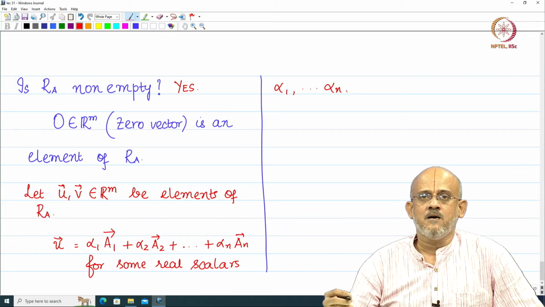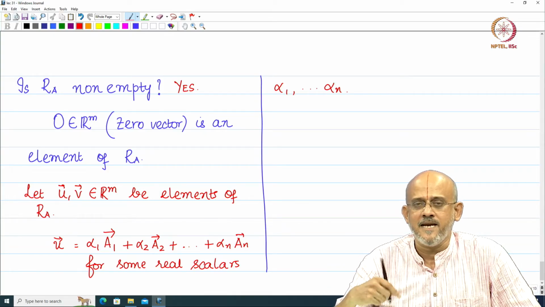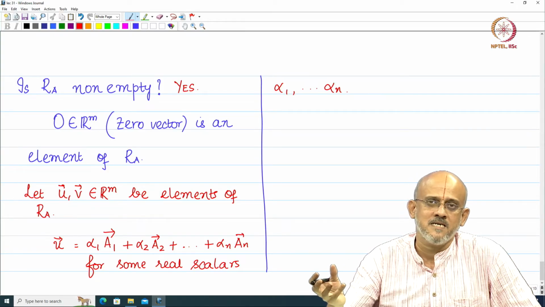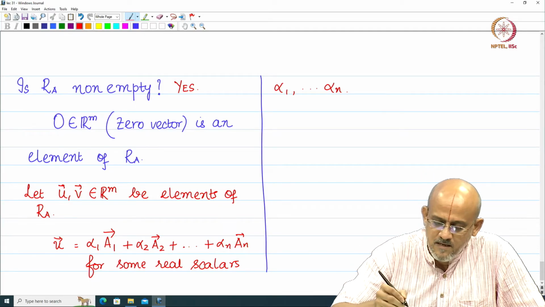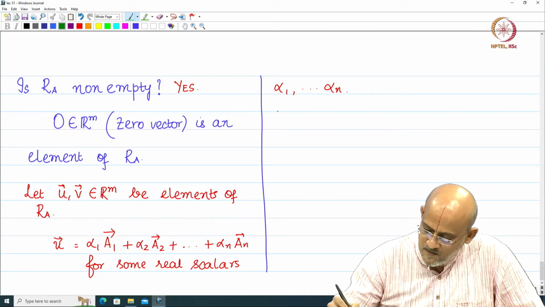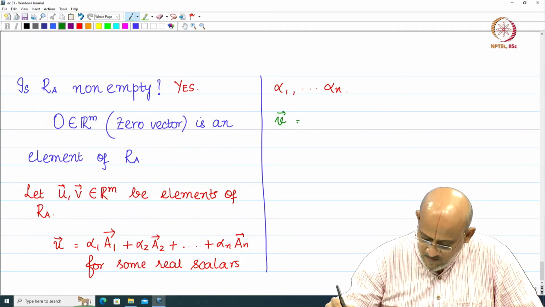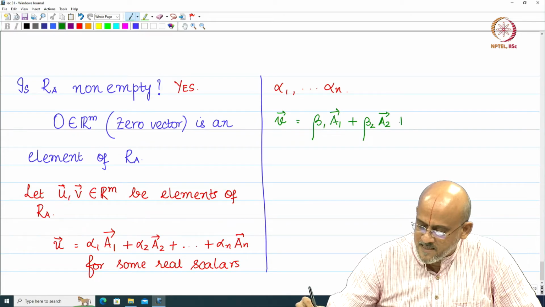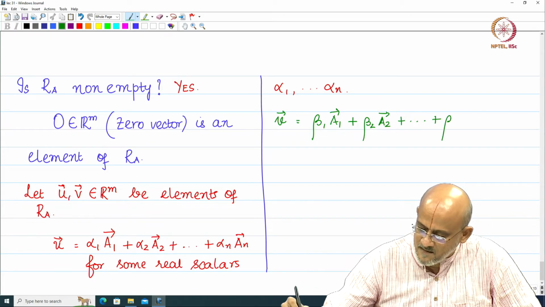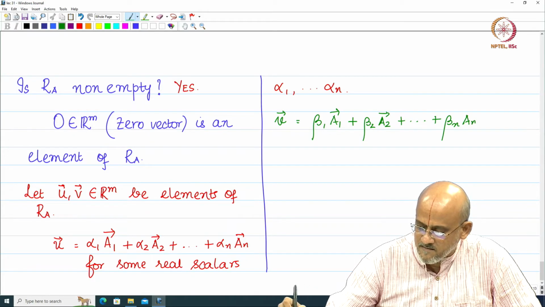The moment I say U is in RA, it simply means U can be expressed as linear combination of the columns of the matrix A. Similarly, let us take the vector V. So V is also a vector which is nothing but, let us say, beta 1 A1 plus beta 2 A2 plus etc plus beta n An.